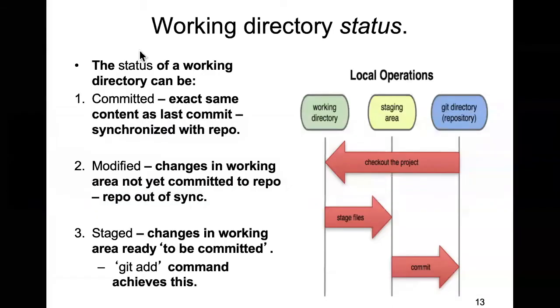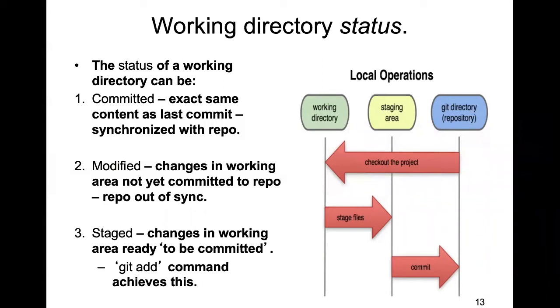Now, in the slide, I'm saying as you work through a project, every now and again you'll want to know the status of your working directory. Essentially, there are 3 states that your working directory can be in. Number 1, it's in a committed state.